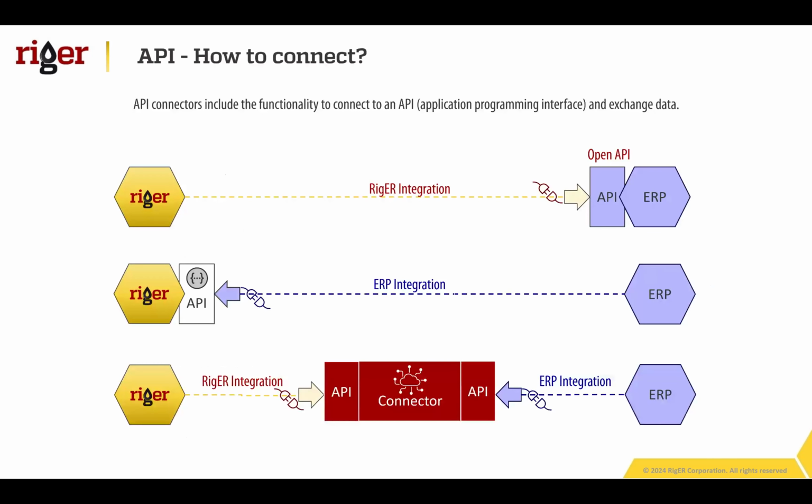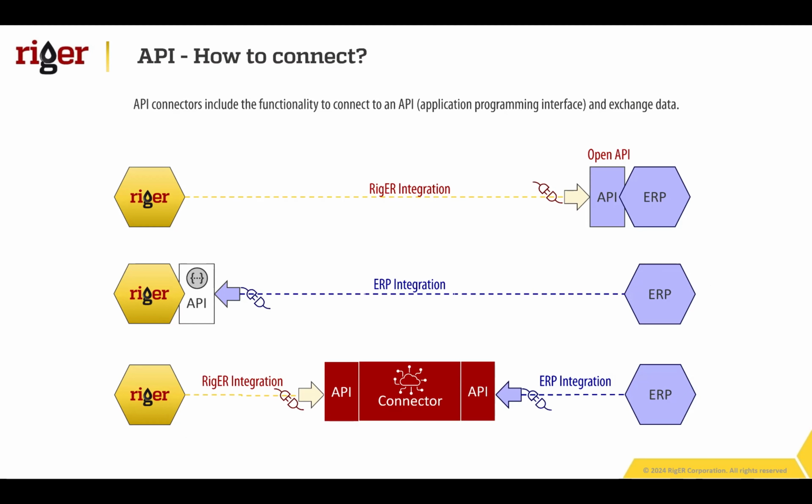So this is how an API, application programming interface, usually works. All the previous connections were RigER integration: RigER connects to the ERP API, and we set up everything on our side.